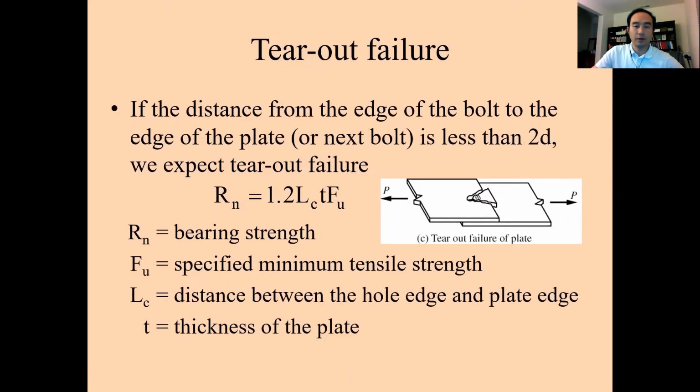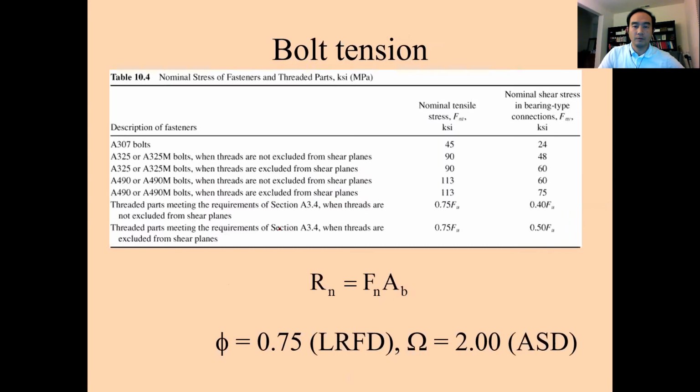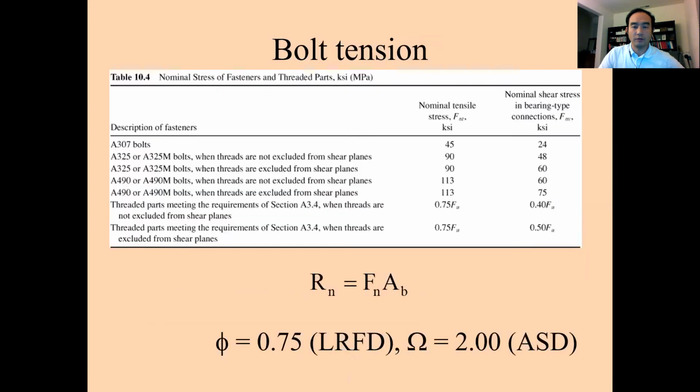So here we have two equations to calculate the capacity. Again, this is for tear out failure, and this is for bearing failure, very similar. And again, we're going to use the values from Table J3.2.